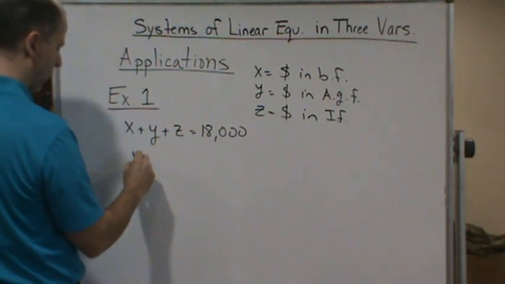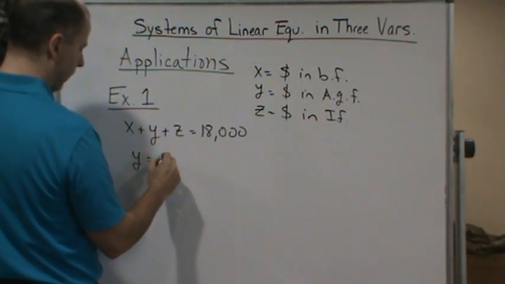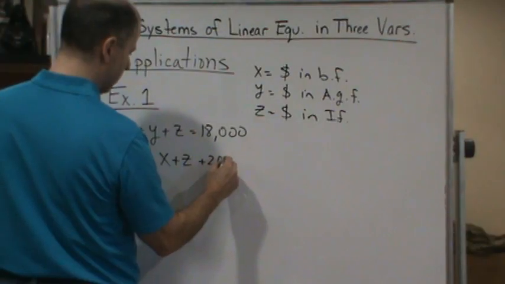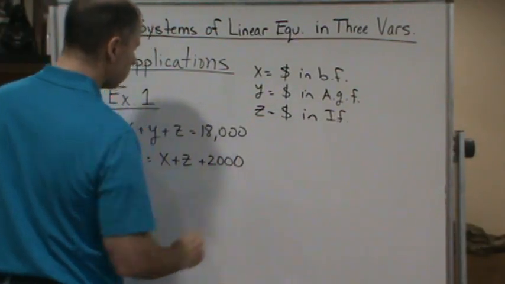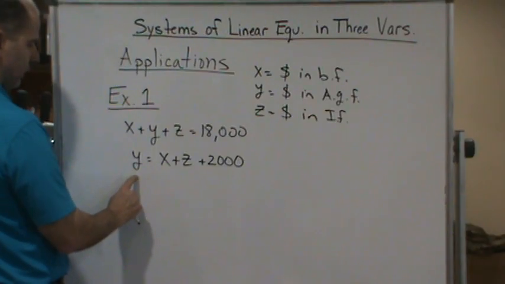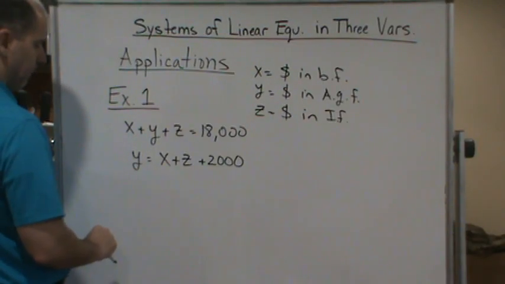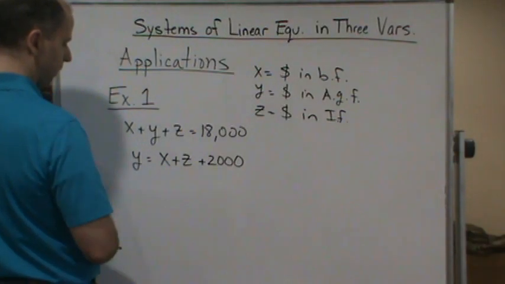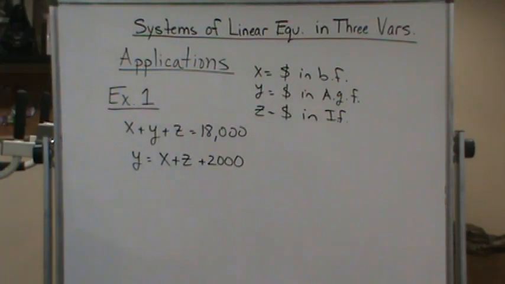So Y equals X plus Z plus another 2,000, because there are 2,000 more in Y than the sum of the other two funds.